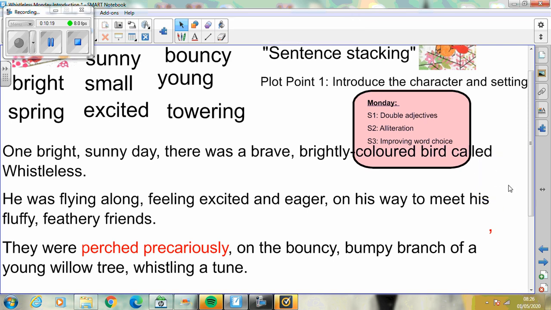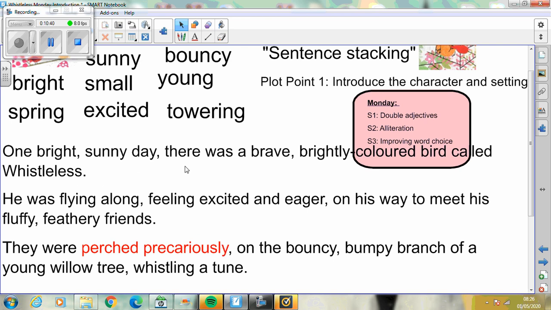Now I can get rid of these. Okay. And then sentence 3, I was improving my word choice. So I improved the word sitting to perched, and then I added in more detail to say how they were perched precariously. And this is the start of my story.